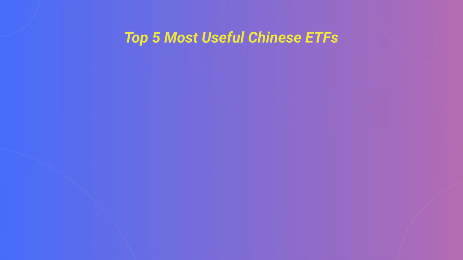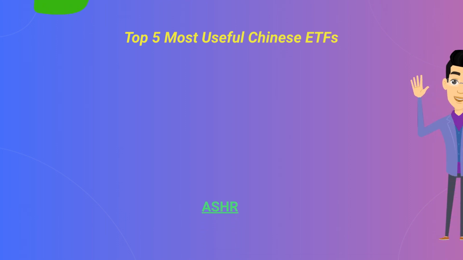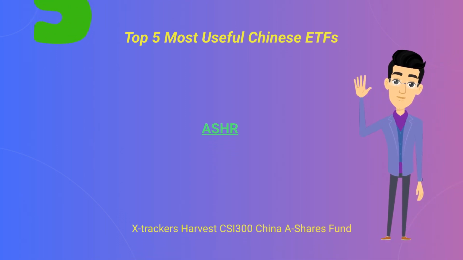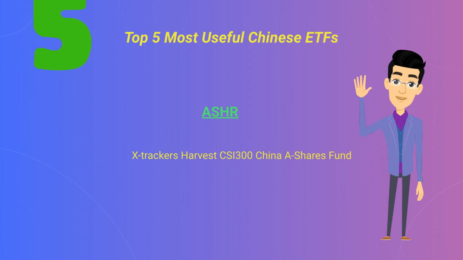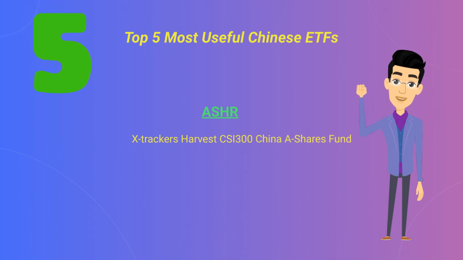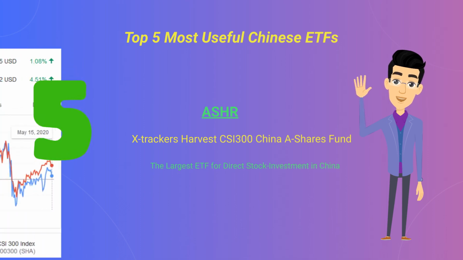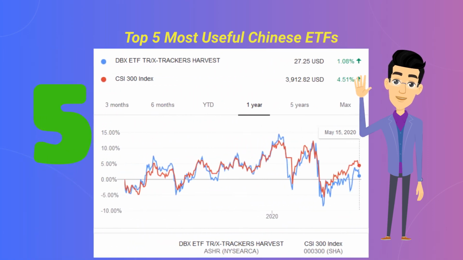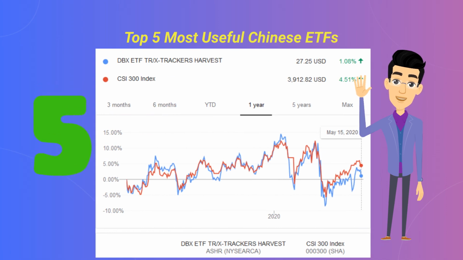So, based on the criteria we have discussed previously, the top 5 most useful Chinese ETFs are: Number 5. ASHR. The Xtrackers Harvest CSI 300 China A-Shares Fund is the first US-listed ETF to offer direct exposure to stocks listed in mainland Chinese markets in Shenzhen and in Shanghai, and has the third largest total assets in our research universe.